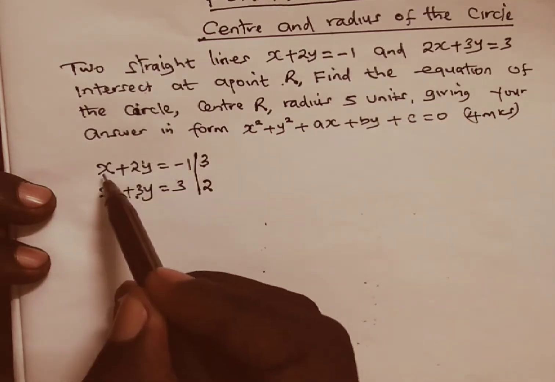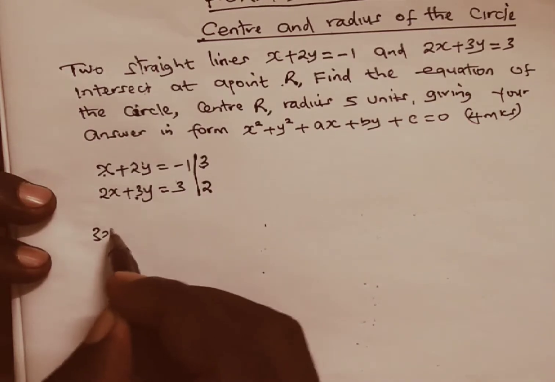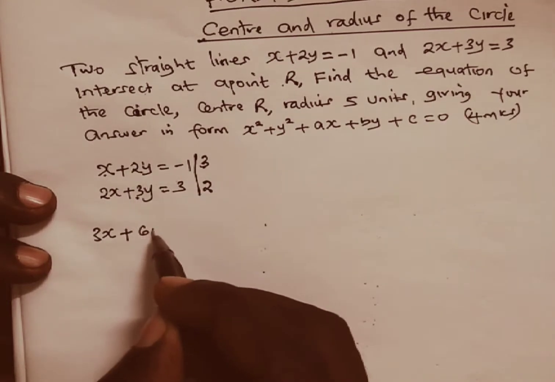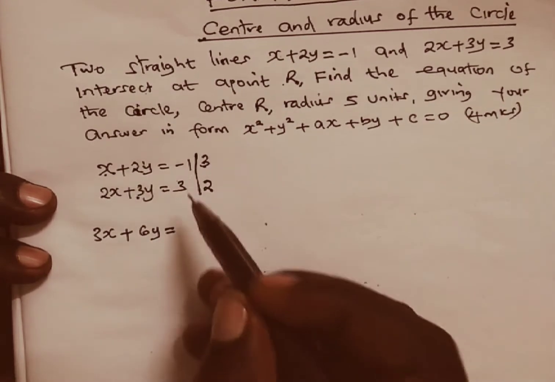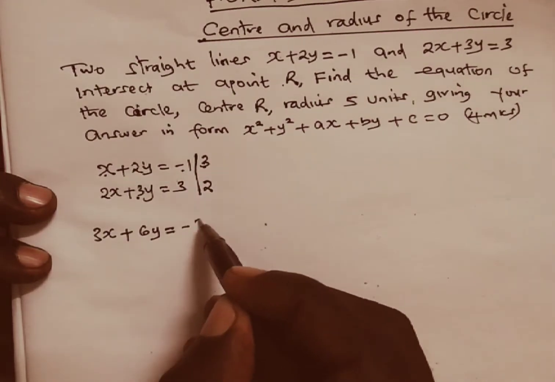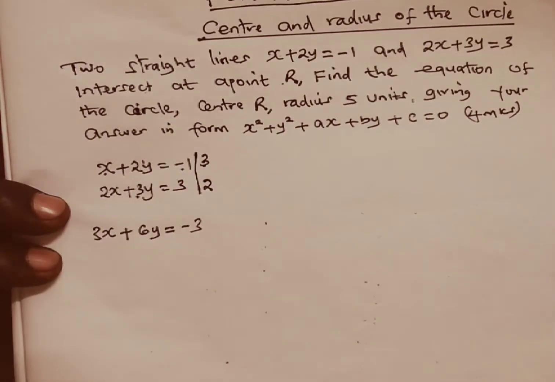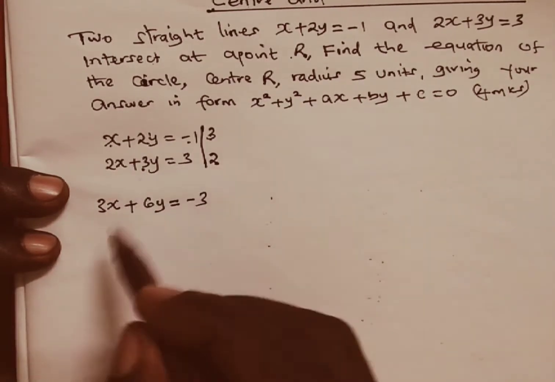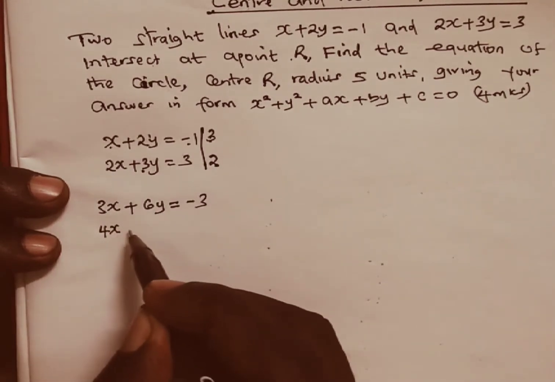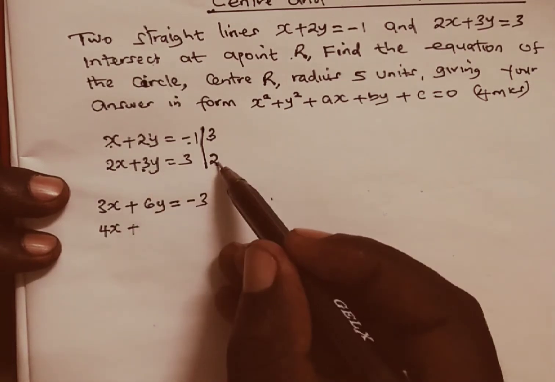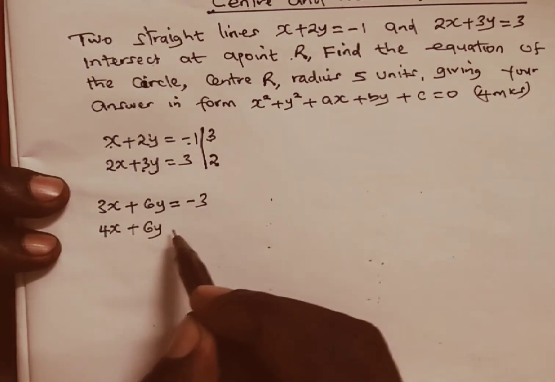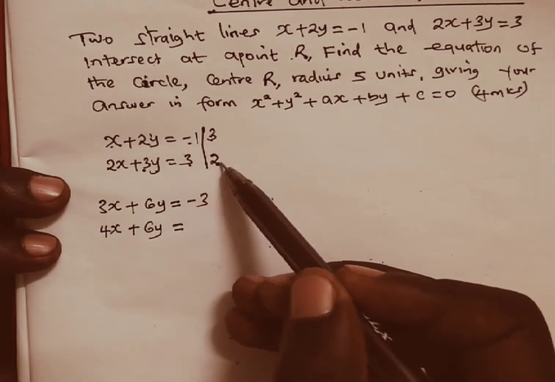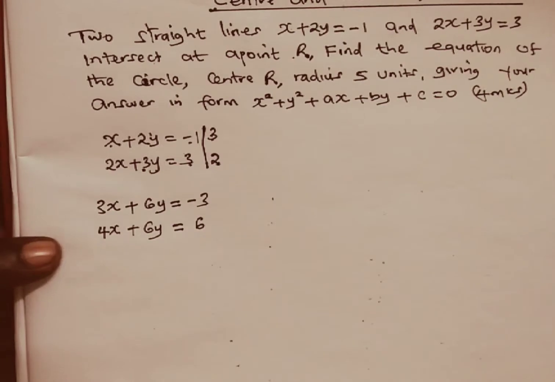If you take 3 times x, you get 3x plus 2y times 3 will give us 6y, and this is equal to -1 times 3 will give us -3. Going to equation 2, 2 times 2x will give us 4x plus 3y times 2 will give us 6y, and this is going to be equal to +3 times 2 will give us +6.